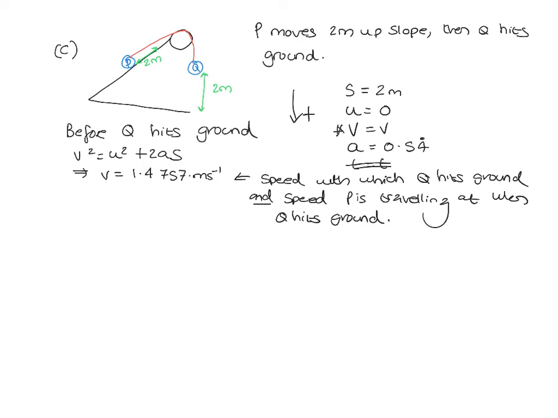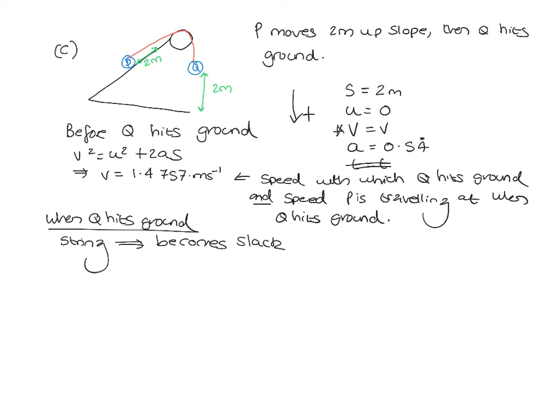Now, let's think about the motion that happens after Q hits the ground. The string now becomes slack. It's no longer taut. So this tells us that the tension is now equal to 0.